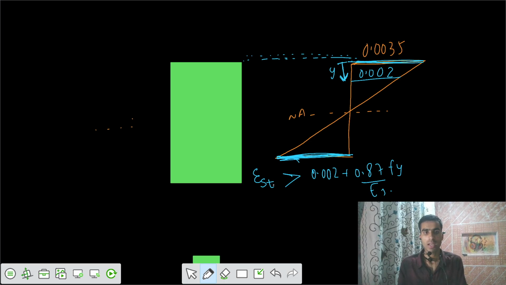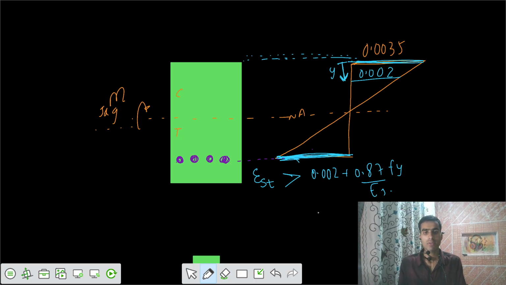I would say there is some neutral axis here, and we are applying a sagging bending moment, so from the top side we have compressive and from the bottom side we have tensile stresses. At some particular location from the bottom we have steel bars, and at that location the strain in the steel should be more than 0.002 plus 0.87 Fy by Es.